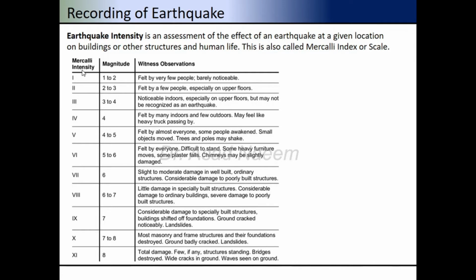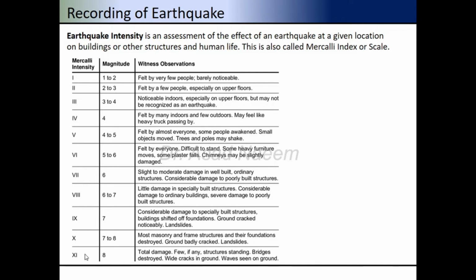Like Mercalli scale 1 can be caused by an earthquake with a magnitude of 1 or 2. This is felt by very few people, barely noticeable. Similarly, Mercalli scale 5 can be caused by an earthquake of magnitude 4 or 5, felt almost by everyone, and some people awaken, small objects move, and trees and poles may get shaken.